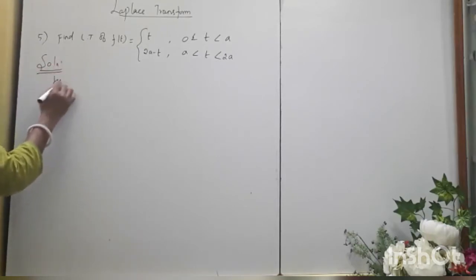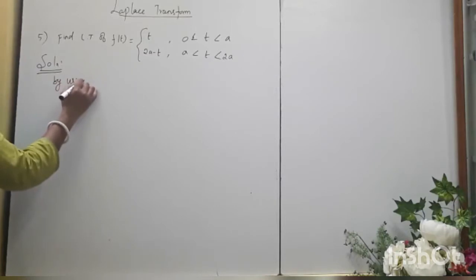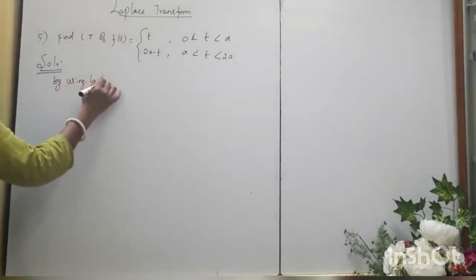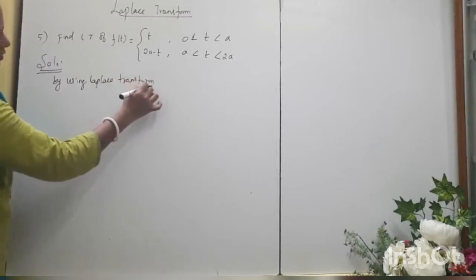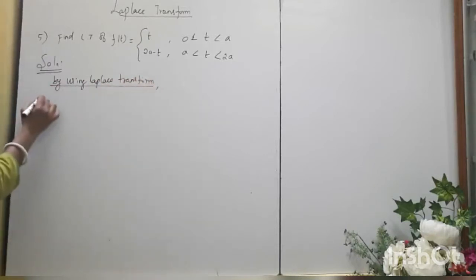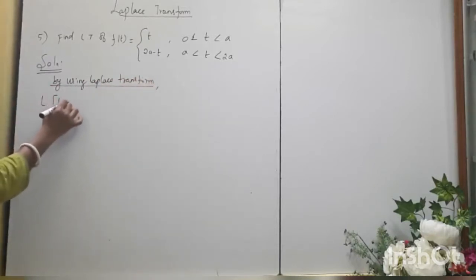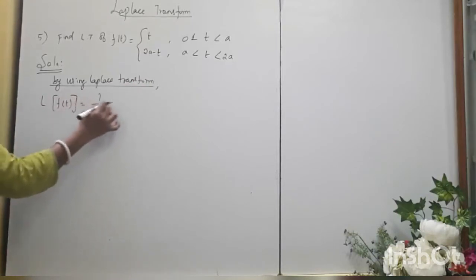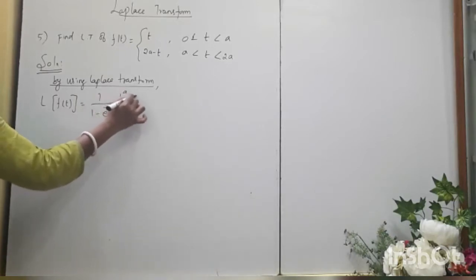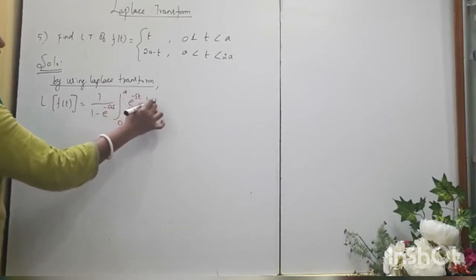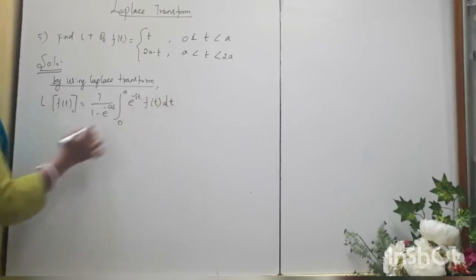So by using the Laplace transform, L of f of t equals 1 by 1 minus e power minus as, into the integral from 0 to a of e power minus st f of t dt.